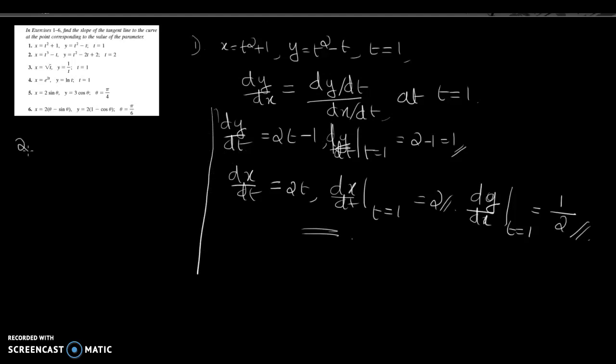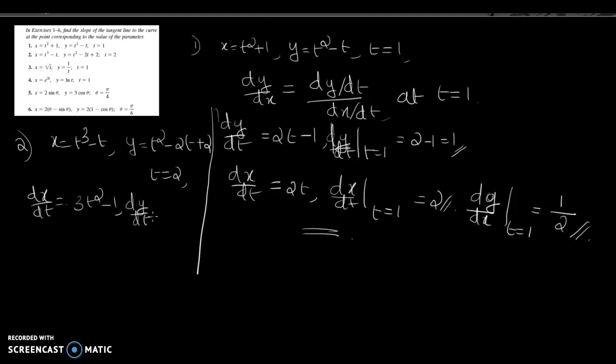We can do the second problem. x equals t cubed minus t, y equals t squared minus 2t plus 2. At t equal to 2, we have to evaluate. A very easy technique is to first find dx by dt, which is 3t squared minus 1, and dy by dt equals 2t minus 2.